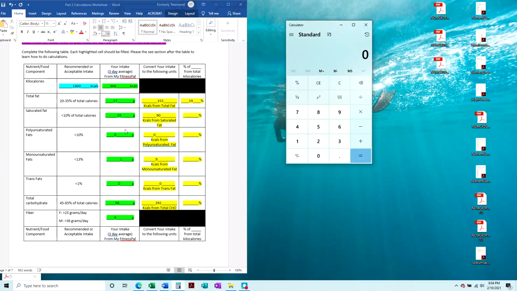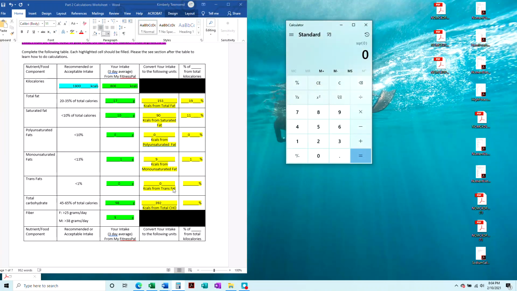The next one is 90. So again, I'm going to do 90 divided by 806. That gets me 0.111. I'm going to times it by 100. And that gives me 11%. And I'm rounding these. The next one is 0, so I'm going to carry the 0 over. The next one is 9, so I'm going to do 9 divided by 806, and then times it by 100, and that gets me 1%.